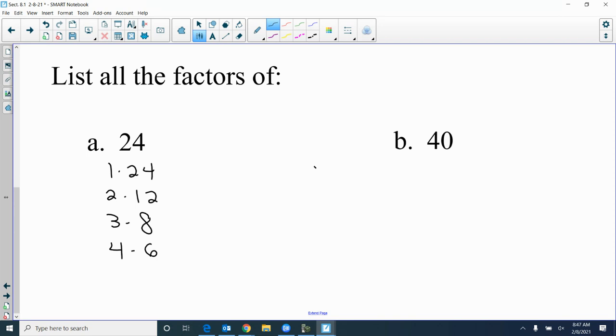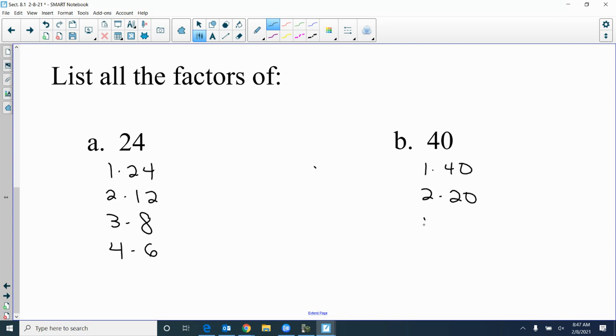For 40, 1 times 40. And then you say, all right, does 2 work? And I say 2 times 20. Can you come up with a whole number that multiplies with 3? No. But what else? Well, I have 8 times 5. There's something before that. There's 2 times 20. 4 times 10.